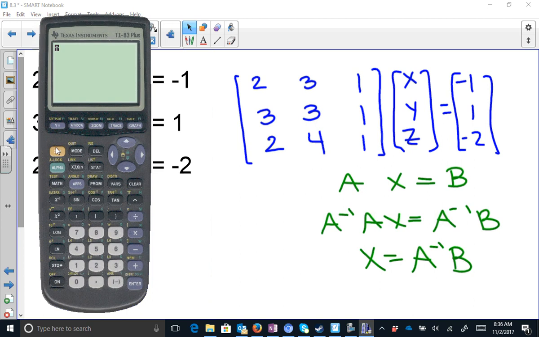Okay, so you're going to have to edit 2 matrices. First, you're going to edit your matrix A to be the 3 by 3.